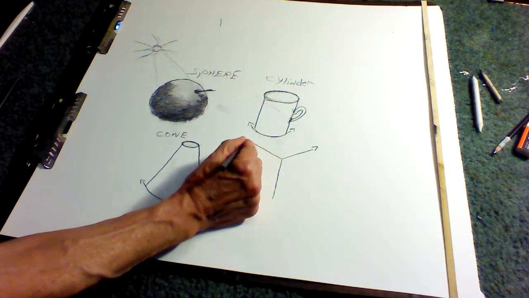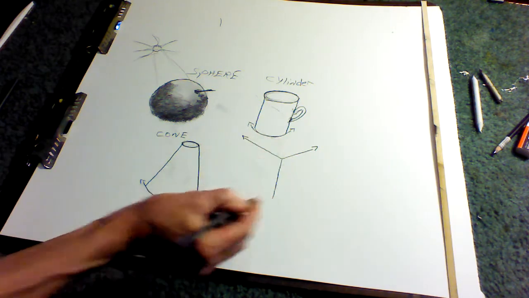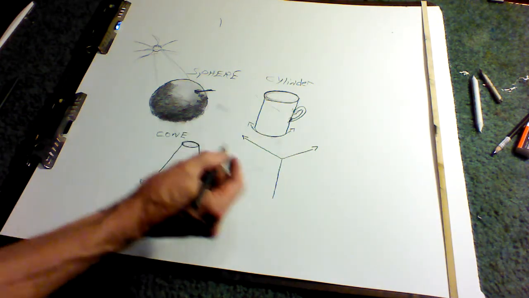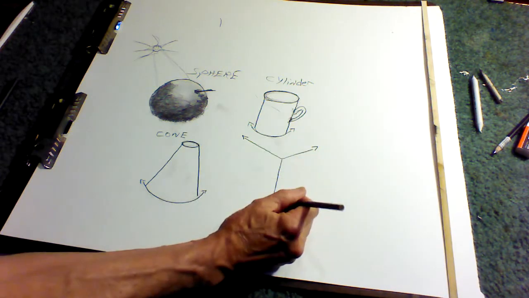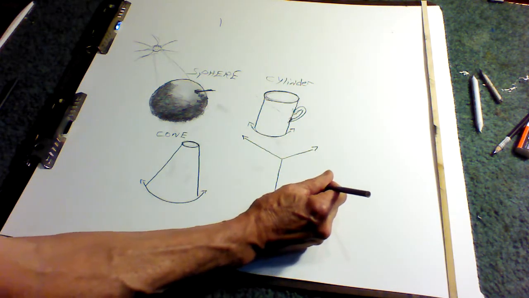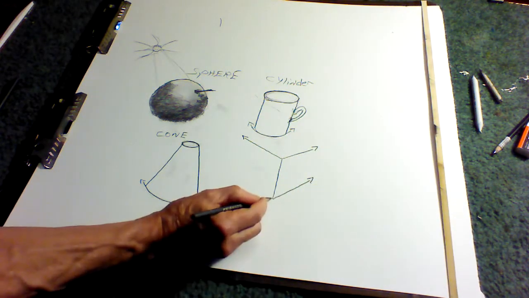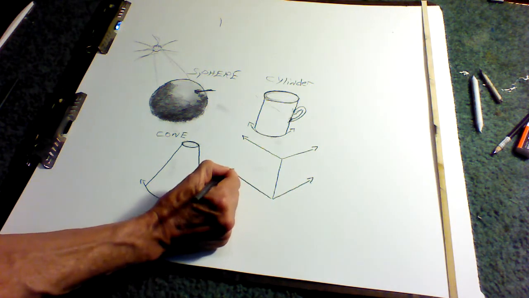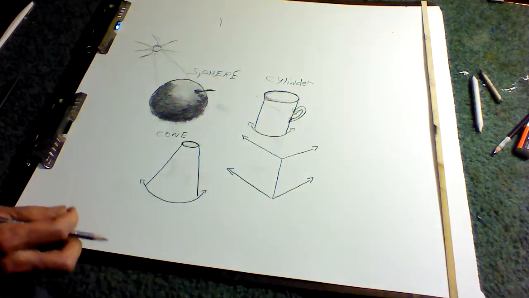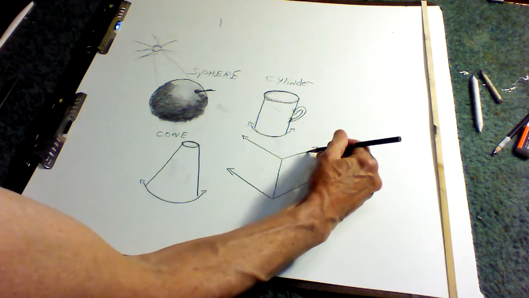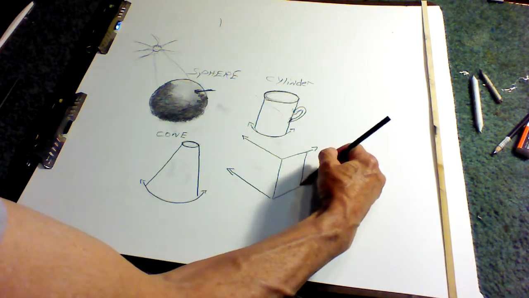You don't need to make these arrows if you don't want to. Up in that direction. And at the bottom, same thing, up in that direction. Then we'll drop in two sides of the cube.